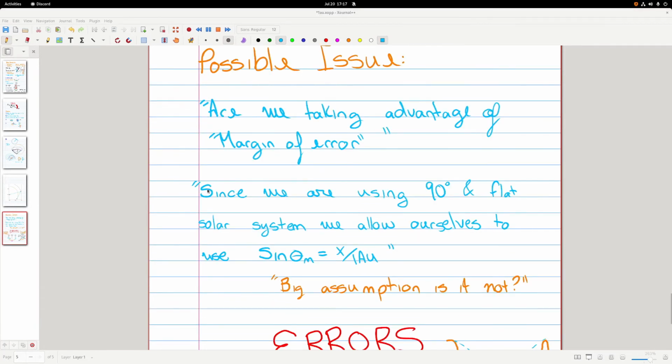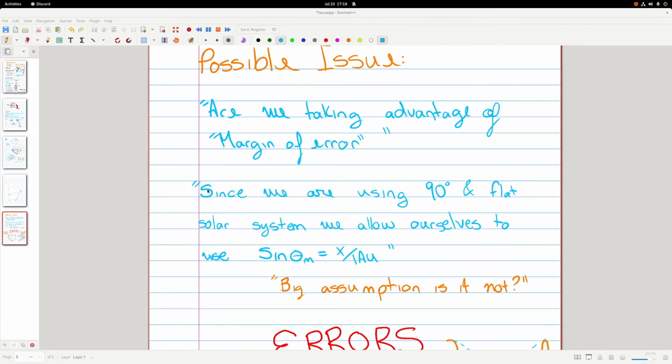The second statement was, again, since we are using 90 degrees and a flat solar system, you are enabling yourself an entire right angle triangle to calculate x. That's a big assumption, is it not? For this, I would just say that we can find out if it's a big assumption or not.